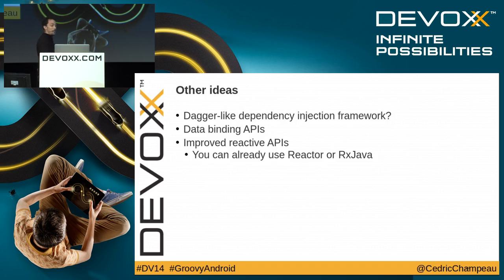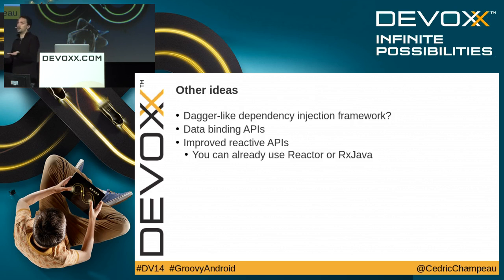The data binding APIs is really something that annoys me, because we're used to having a lot of fancy data binding APIs for web development, typically. If you want to update the view when some bean is updated, you have to wire everything by hand. It's very complicated to do that in Android. You have some libraries that do that, but not really a standard one. In Groovy, we have lots of frameworks that do that.